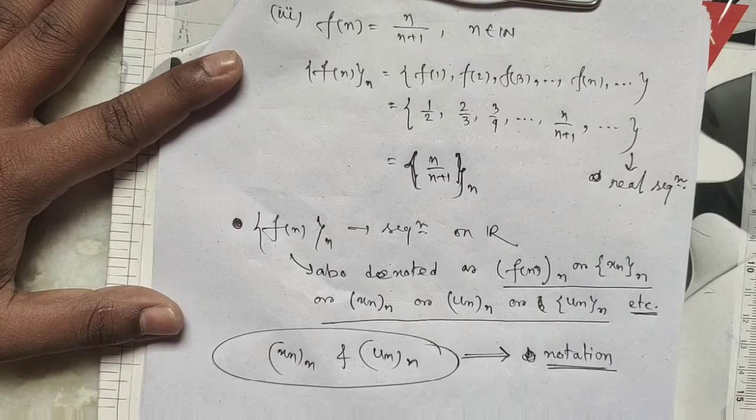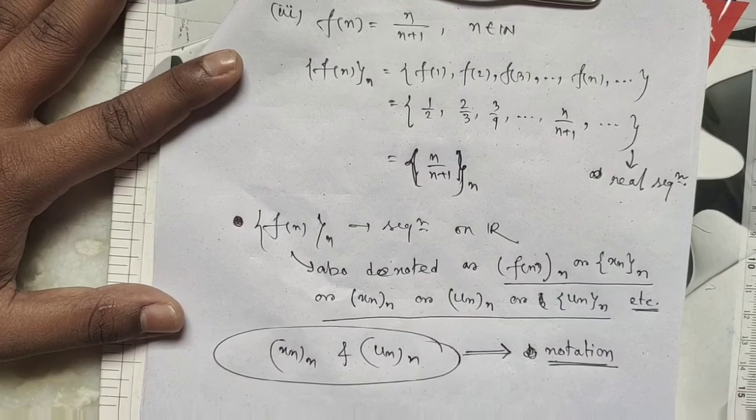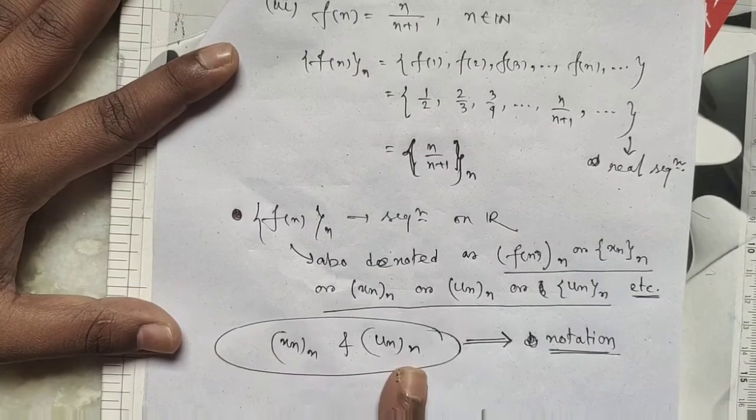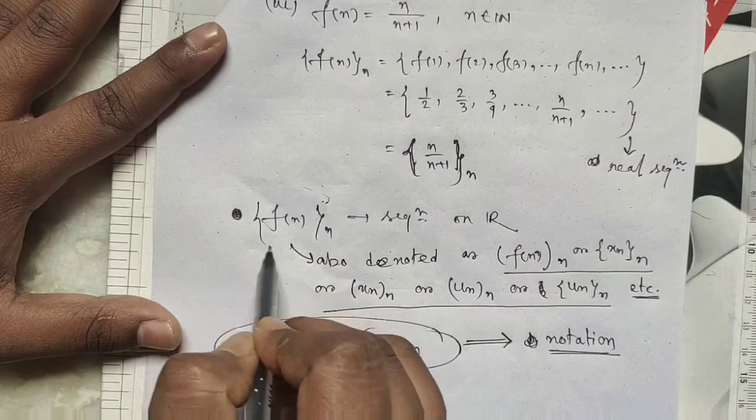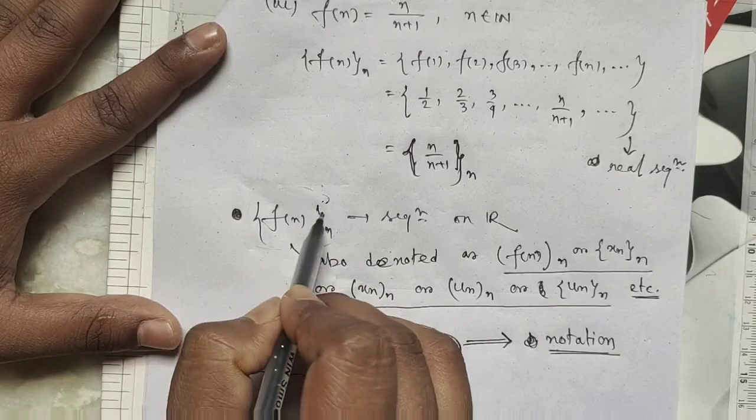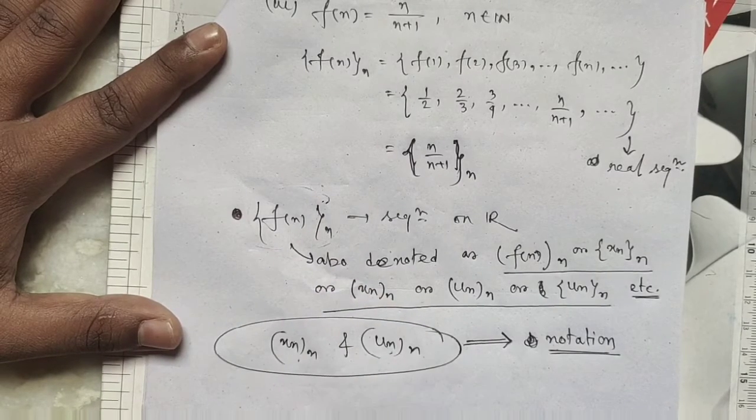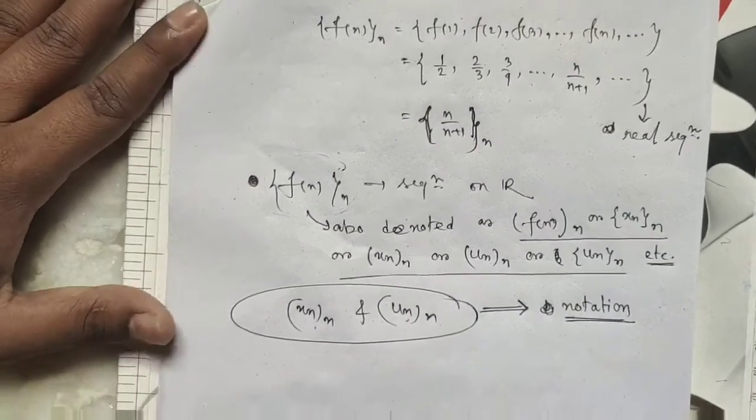Throughout this chapter, a sequence is denoted by this or this, not this. This is also notation, but we use this or this throughout this chapter.